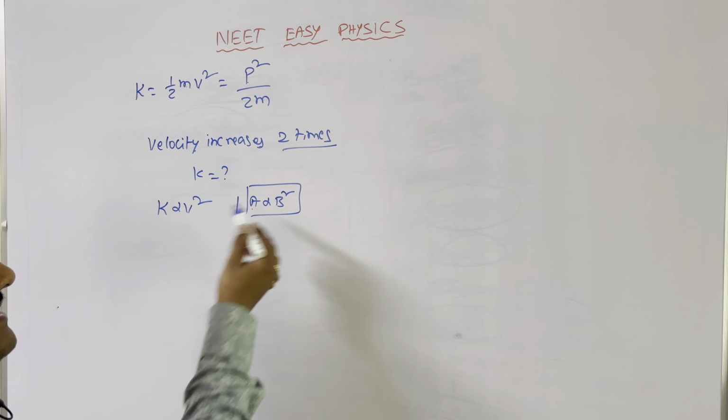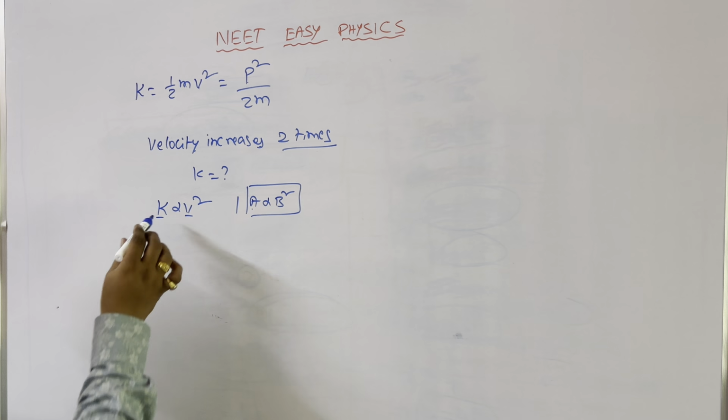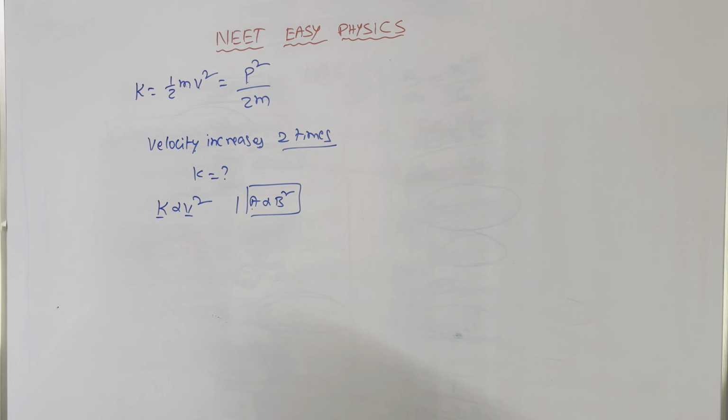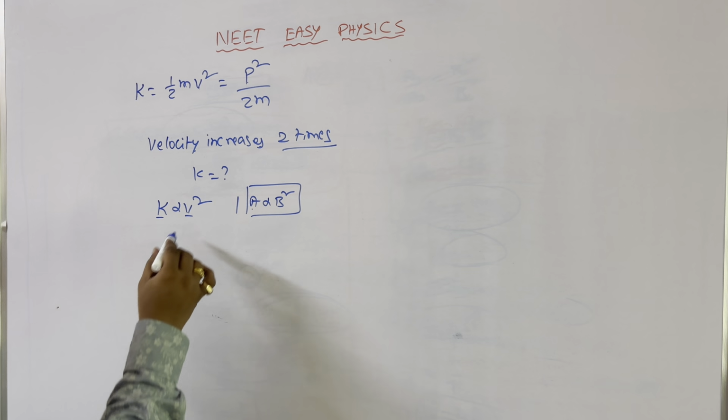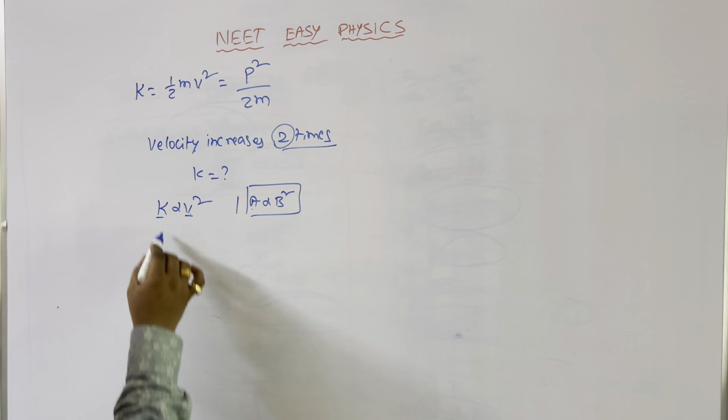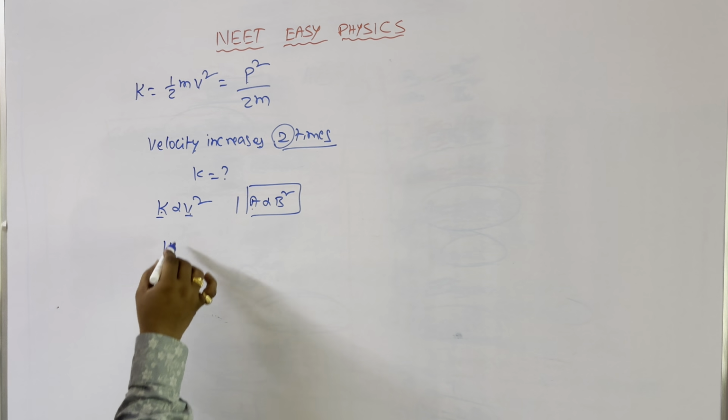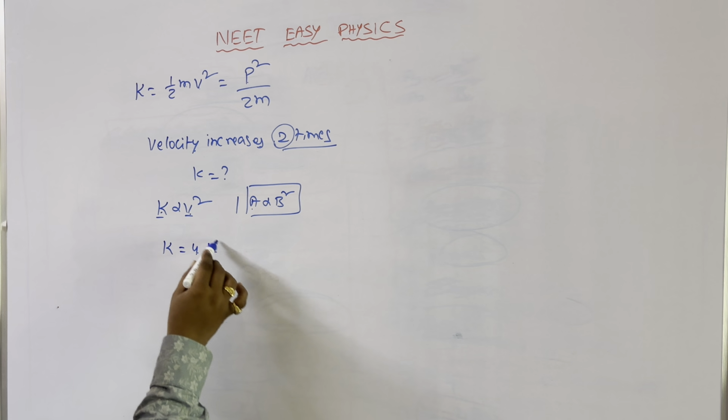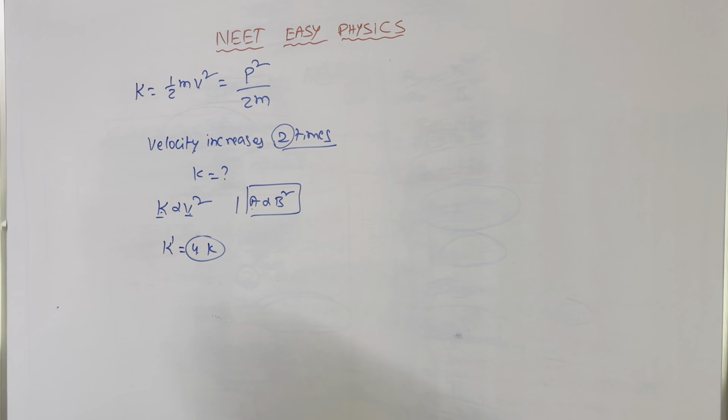We are just replacing A and B with K and V, where K is kinetic energy and V is velocity. That's all. But it is going to be related to ABCD letters only. So if velocity increases 2 times, what happens to kinetic energy? Square is there. Therefore, kinetic energy increases 4 times. Isn't it? So you will get it directly like this if you practice these very well.